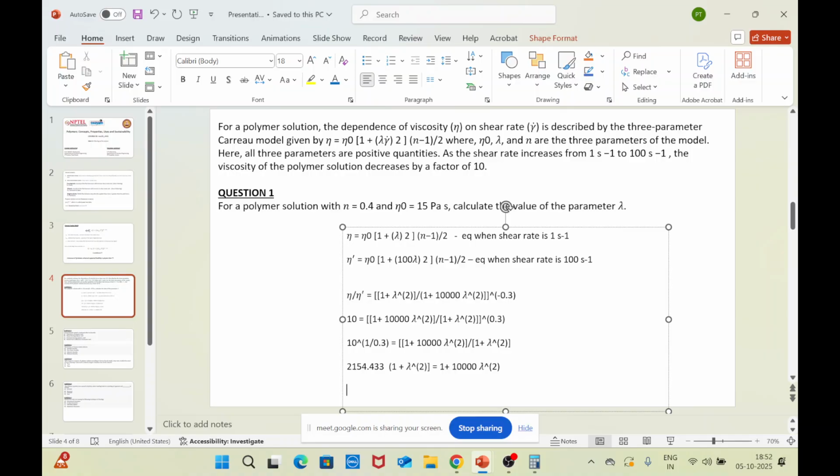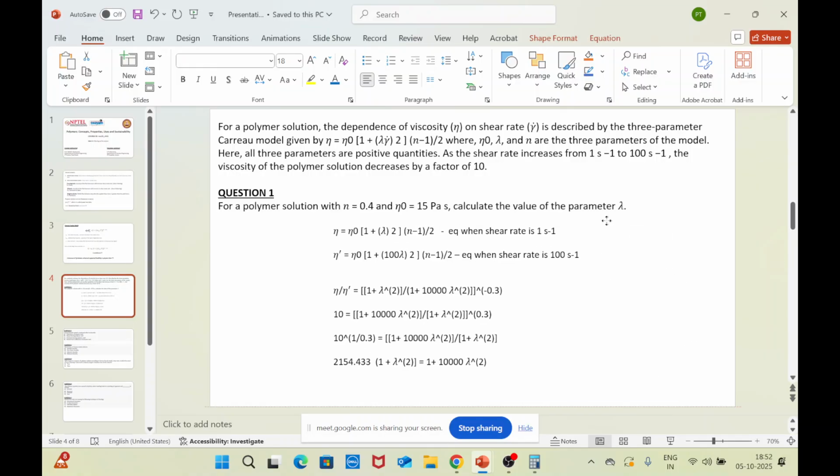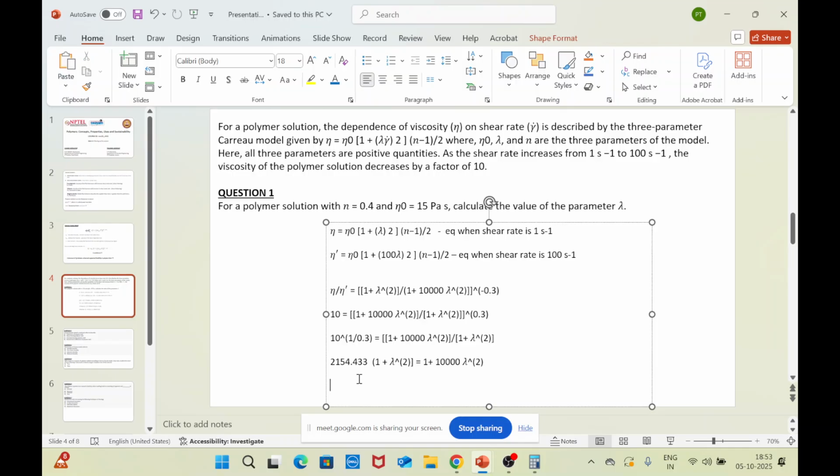So now if you do the mathematics, then you are supposed to get 2153.433 equals, sorry, 10,000 minus 2154.433 times lambda square.